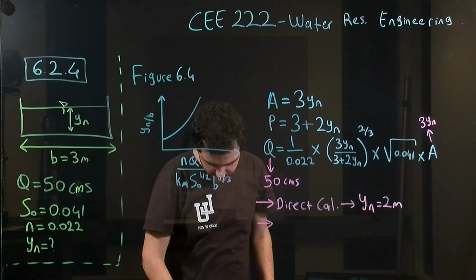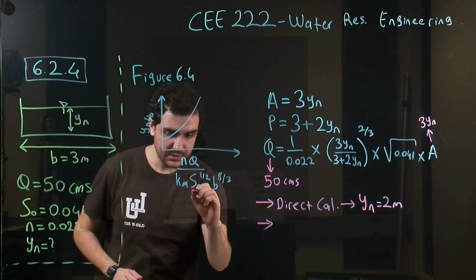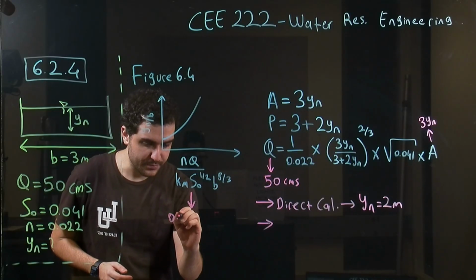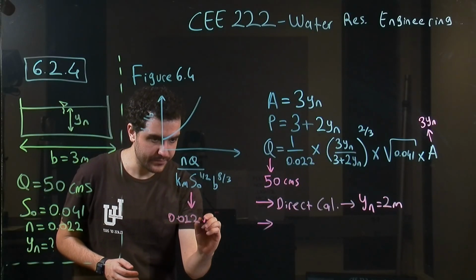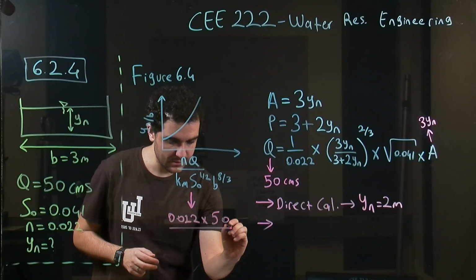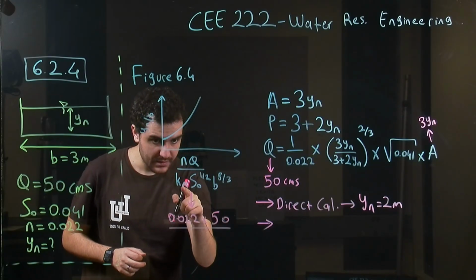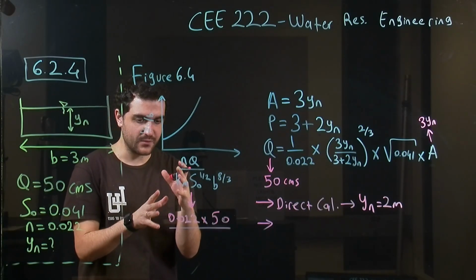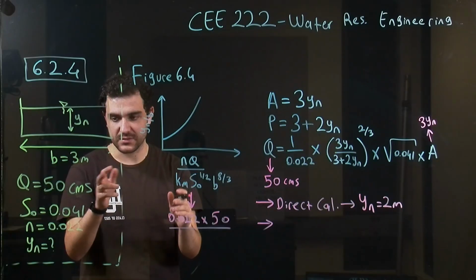So let me go with it. For the x-axis, we have 0.022 and flow rate 50 over... this is usually 1. If you have different values, it will be given in the question.